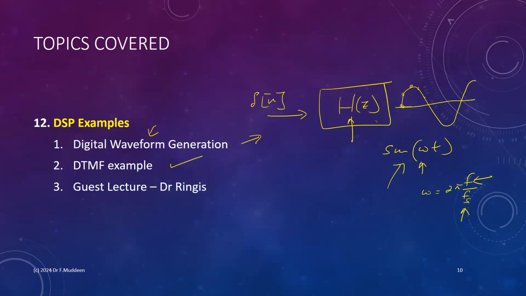Basically, it was a matrix of 7 frequency values, 4 low and 3 high, I think. So every time you press a digit, it mixed a low and a high frequency and sent it out. And each of the waveforms were digital cosine or sinusoidal generators.